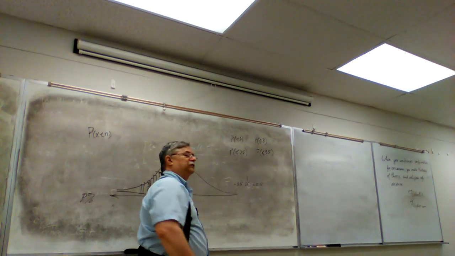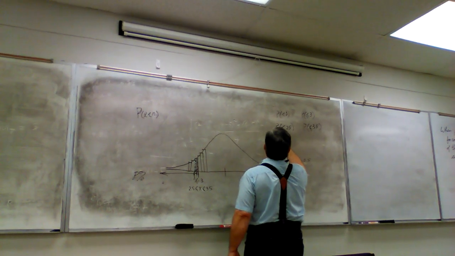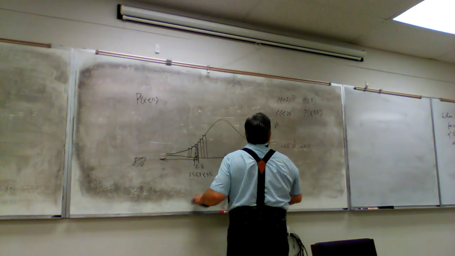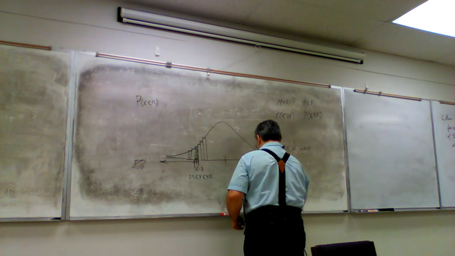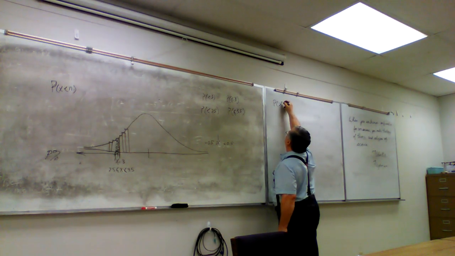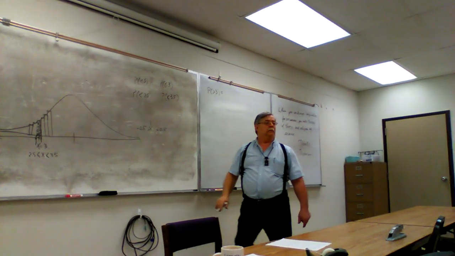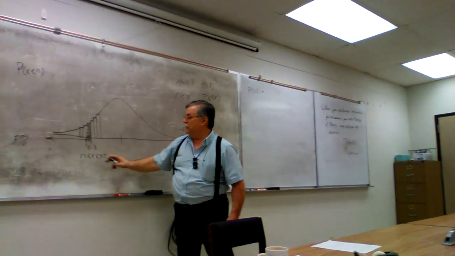But if you're looking for the probability of greater than 3, well, then you look for the probability of greater than 3.5.